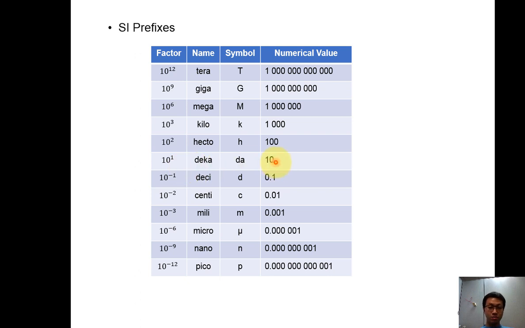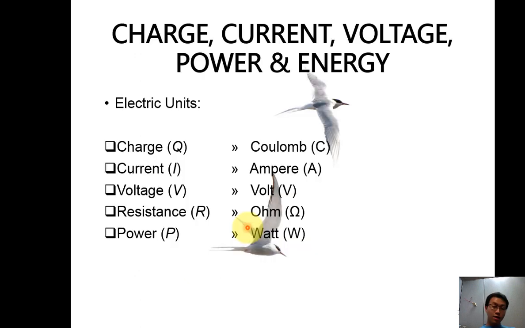Deca, 10 to the power 1, which is 10. Centi is 10 to the power minus 2. Milli is 10 to the power minus 3. Micro is 10 to the power minus 6. Nano, 10 to the power minus 9. Pico, 10 to the power minus 12. So we have tera, giga, mega, k is kilo, and so on.